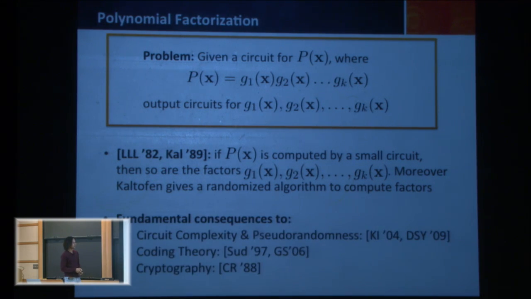Okay? And this had fundamental consequences to circuit complexity and pseudo-randomness with the works of Kabanets and Impagliazzo and Viola, Shpilka, and Hoory, and in coding theory with the list decoding of Sudan and Guruswami-Sudan, and in cryptography, the works of Chor and Rivest. These 2 actually use just Lenstra-Lovász, and the top one uses Kaltofen.